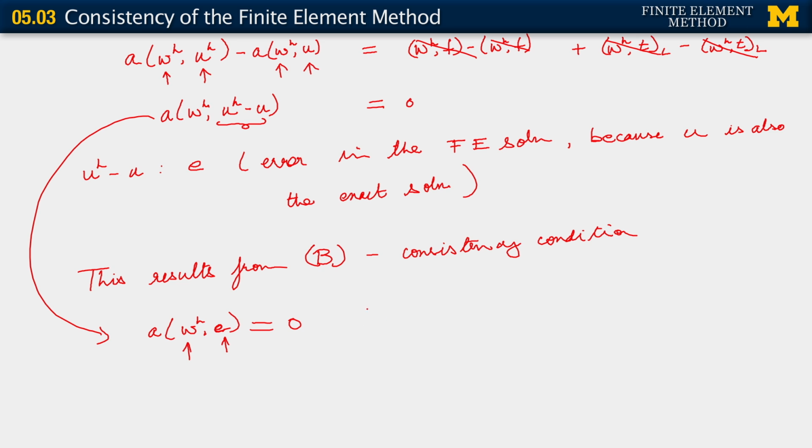What this is saying is that the projection of the error on the space VH is 0.